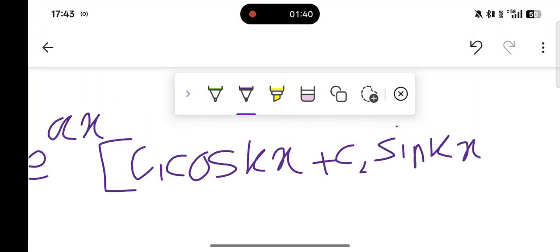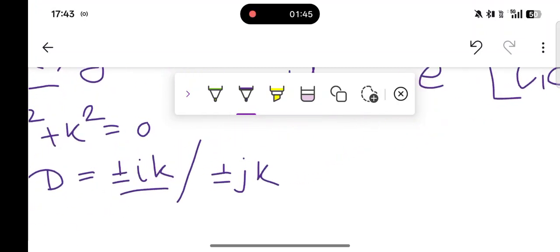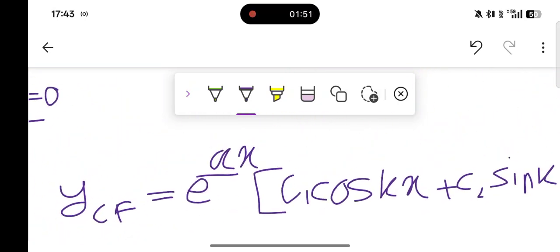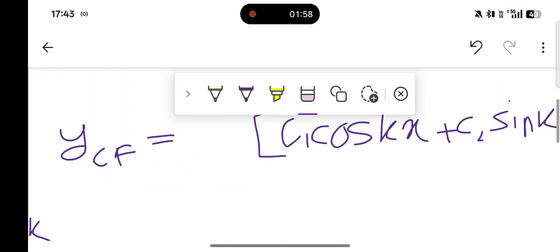Now in this case the alpha, or the real part, will be 0 because it is an imaginary number. The real part is 0, so alpha will be 0 and e to the power 0 will be 1. So I am erasing this part. However, you can understand.